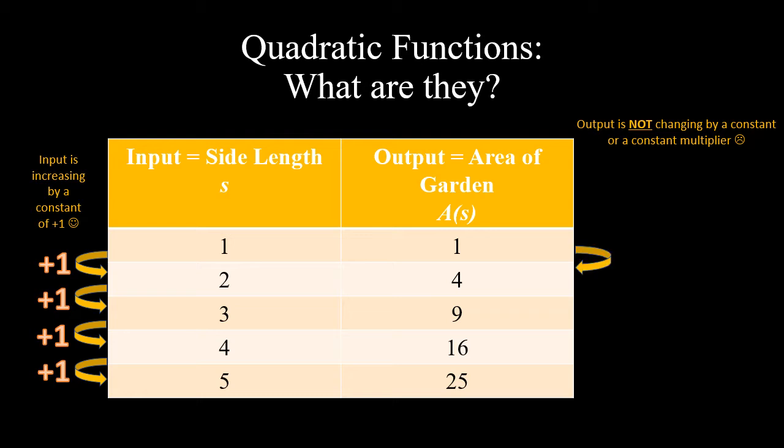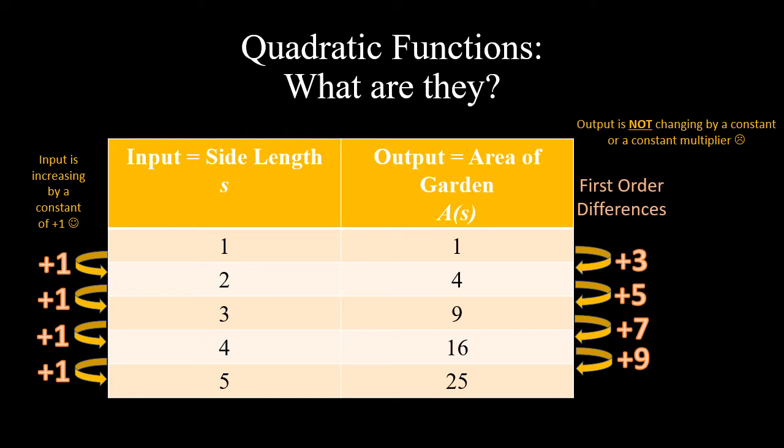So to go from 1 to 4, we added 3. To go from 4 to 9, we added 5. To go from 9 to 16, we added 7. And to go from 16 to 25, we added 9. We called those the first order differences. When we made those first initial jumps, we gave them this name, and we did not see any constant pattern with those first order differences.